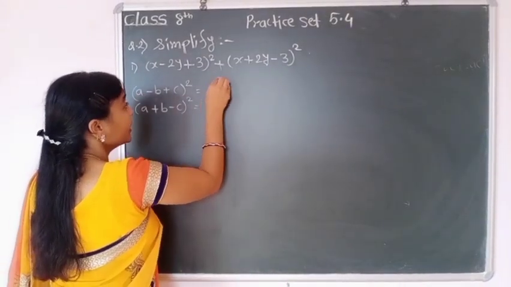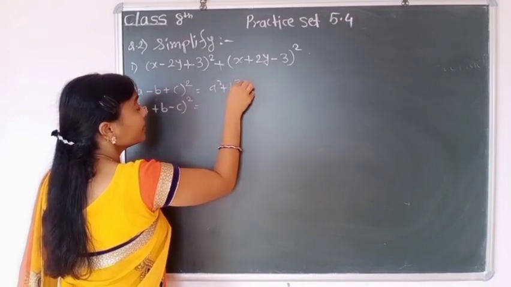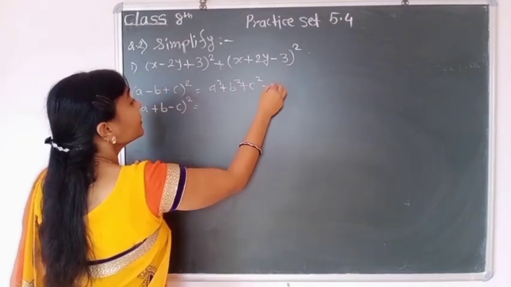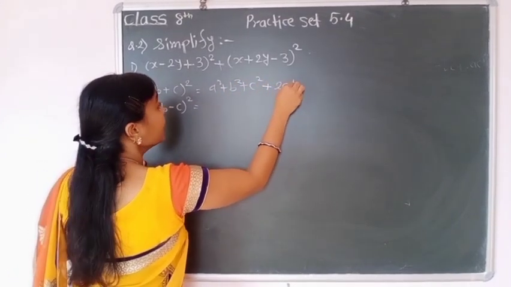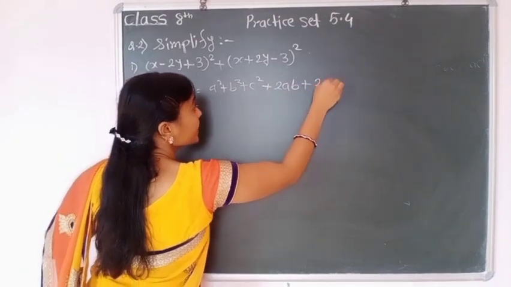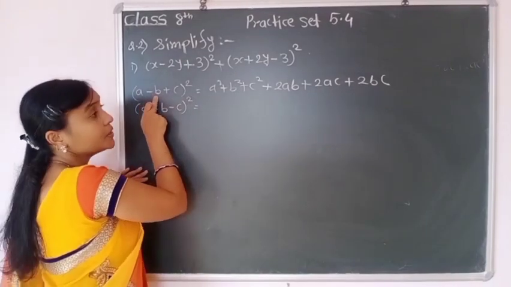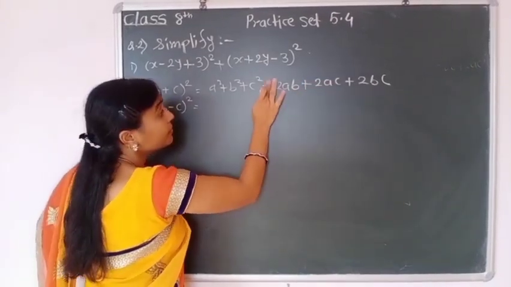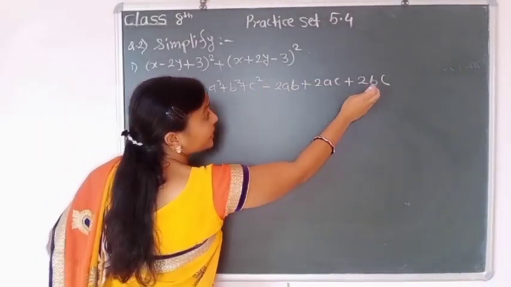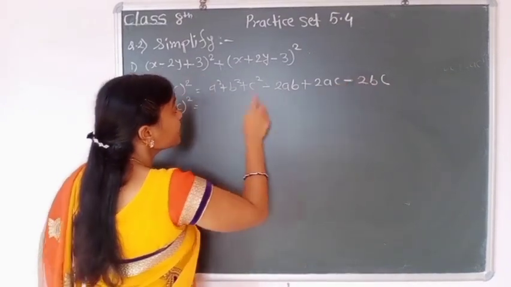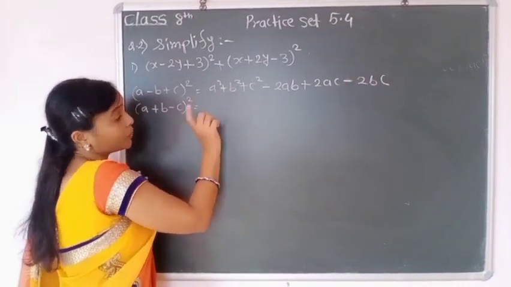So a square plus b square plus c square, then plus twice ab plus twice ac plus twice bc. And here b is negative. So where is the b? You put minus sign, and here is also b. So here is minus. Here is the square, so it is positive.